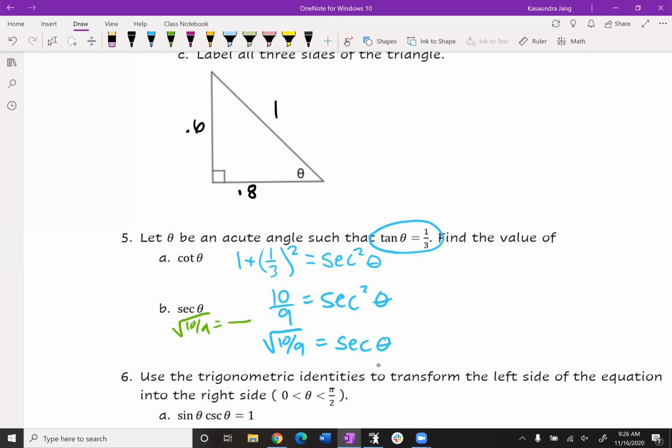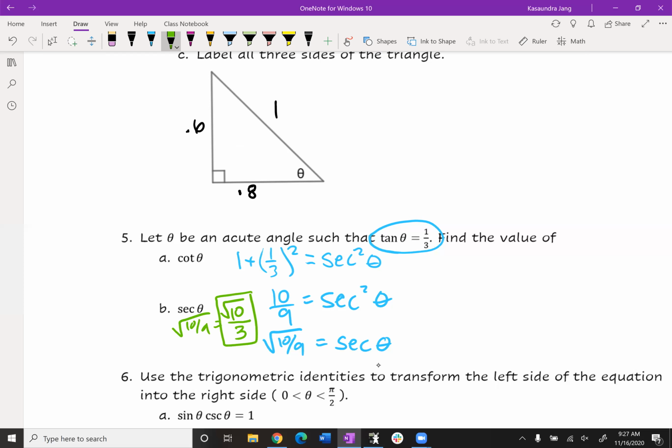Oh, square root of 10 and then over 3. So you know the square root of 9 is 3. We don't know the square root of 10 though, so we have to leave that the way it is. Which I think we talked about before, how you can have a square root in the numerator. That's considered simplified, but you can't have a square root in the denominator. So this actually is considered simplified. So my secant of theta was root 10 over 3.